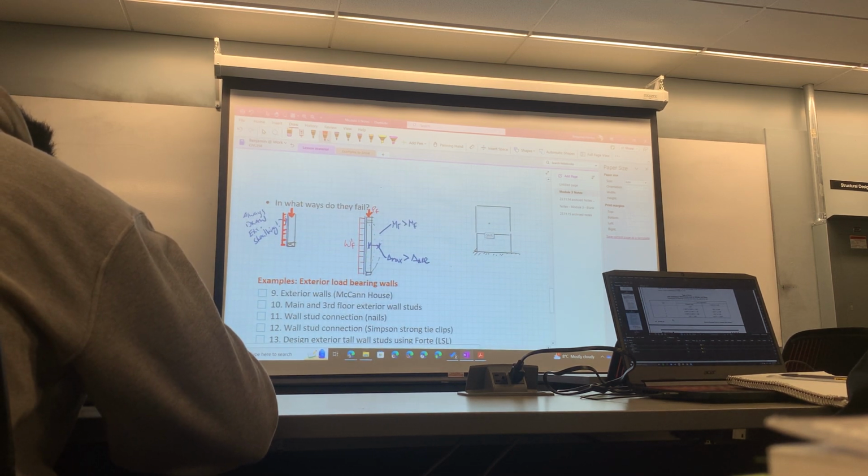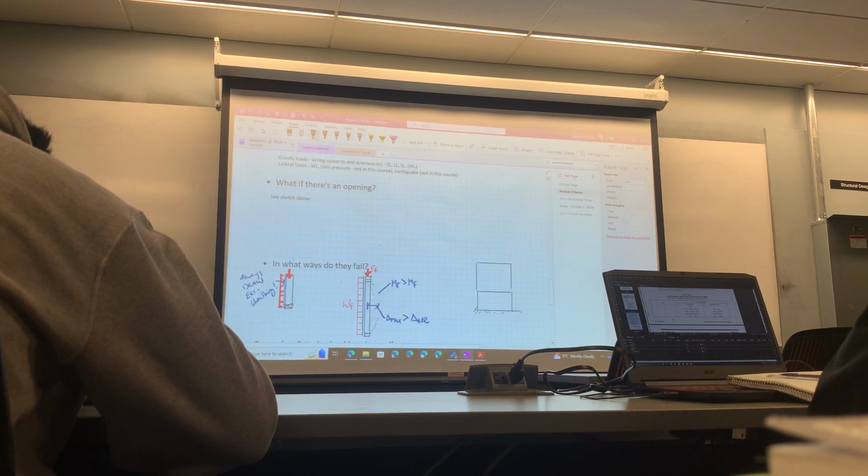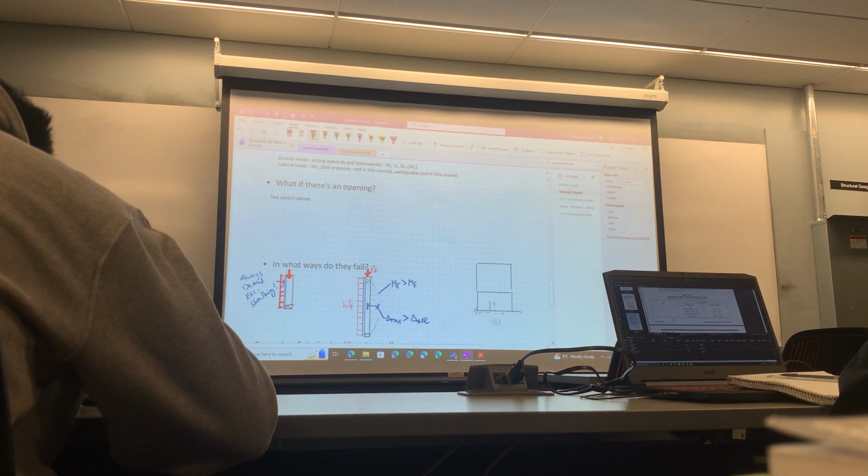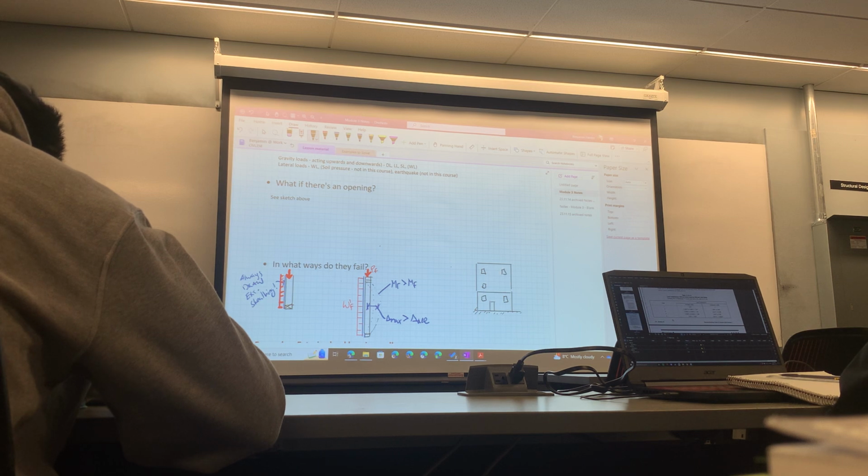All right, if you got your door and some windows. Here's the wind pressure.